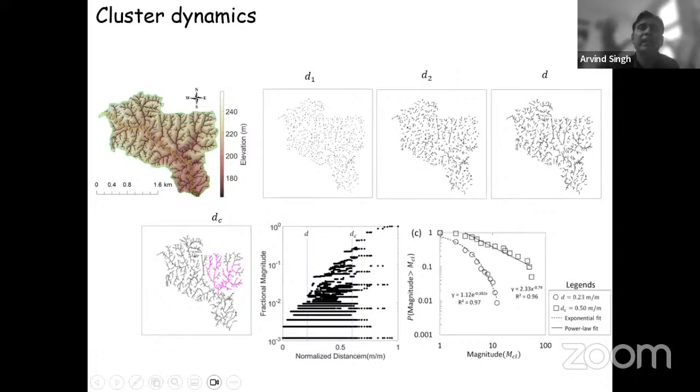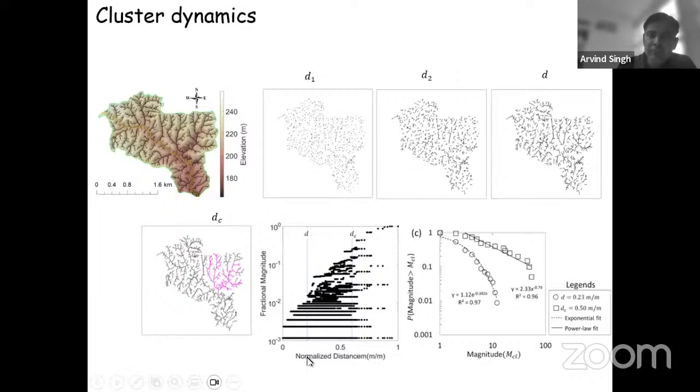So in the case when we observe this exponential, we have sparsely located clusters of varying magnitude. Whereas in the case when we see a power law type of distribution, that suggests that we have more congested clusters which are more organized on the landscape.